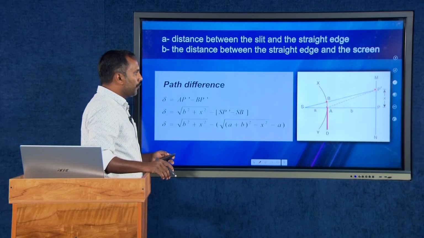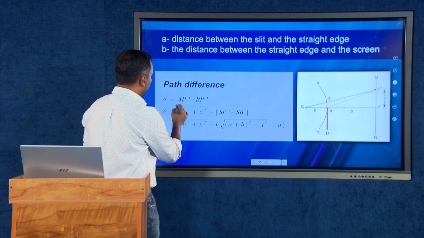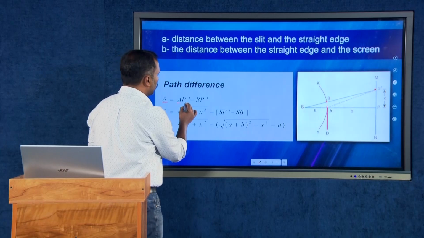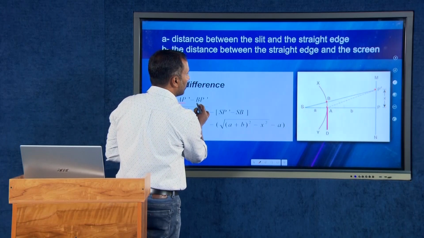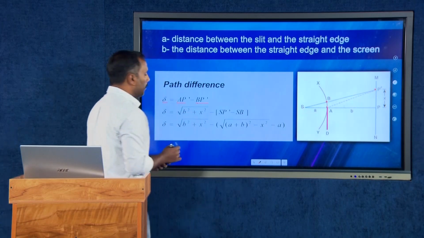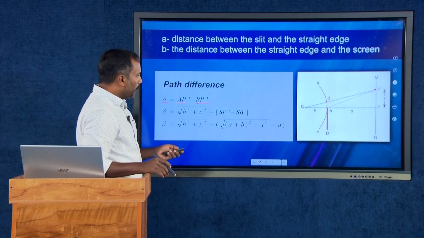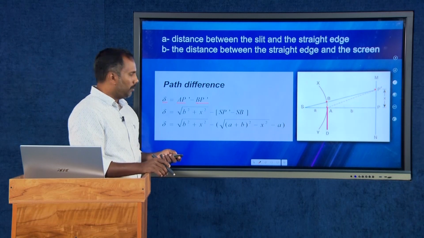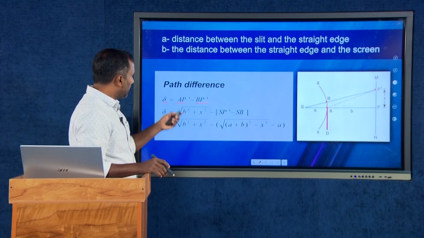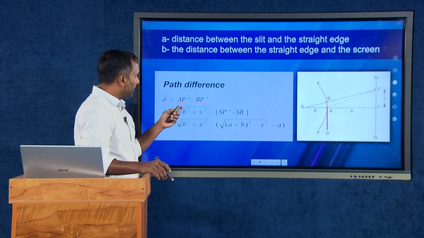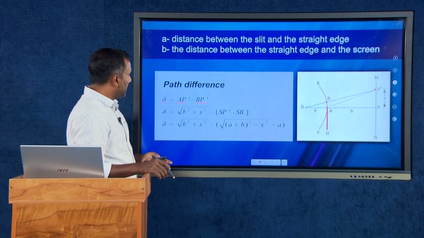That path difference delta is equal to A P dash minus B P dash. We know that A P dash is the longer path, and you can do a simple geometric trigonometric calculation to get the values of A P dash and B P dash.